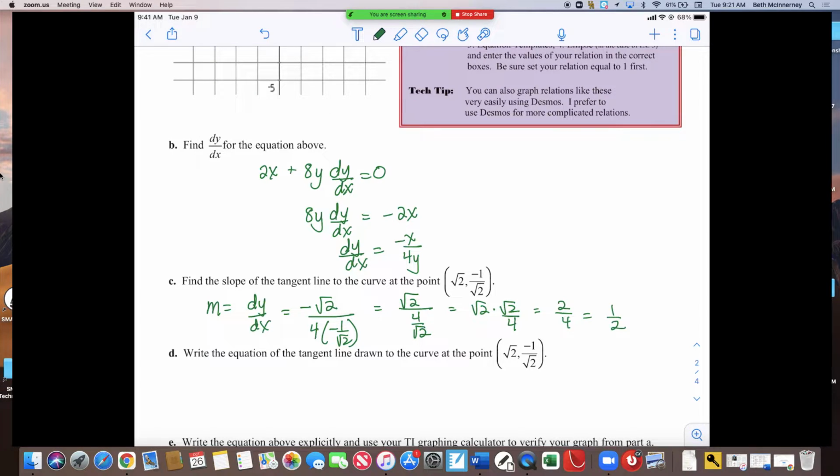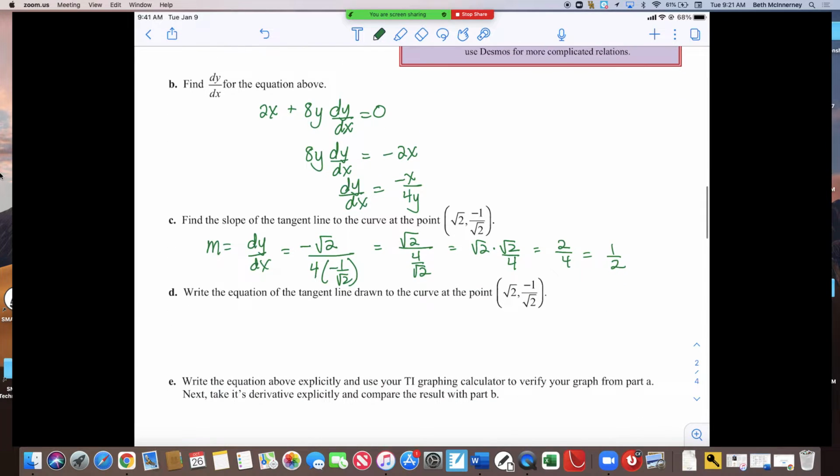That was 1/2. Then we can write the equation of the tangent line. So that's y plus 1 over the square root of 2 equals 1/2 times x minus square root 2. So we can write the equation of the tangent line to the curve at that particular point.